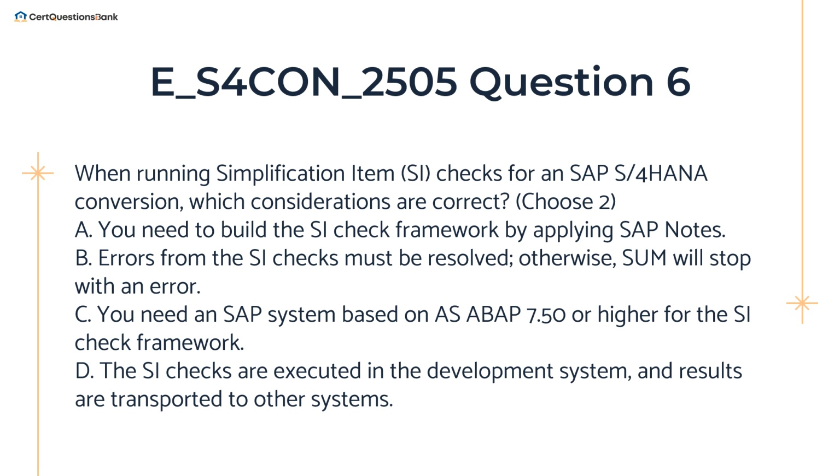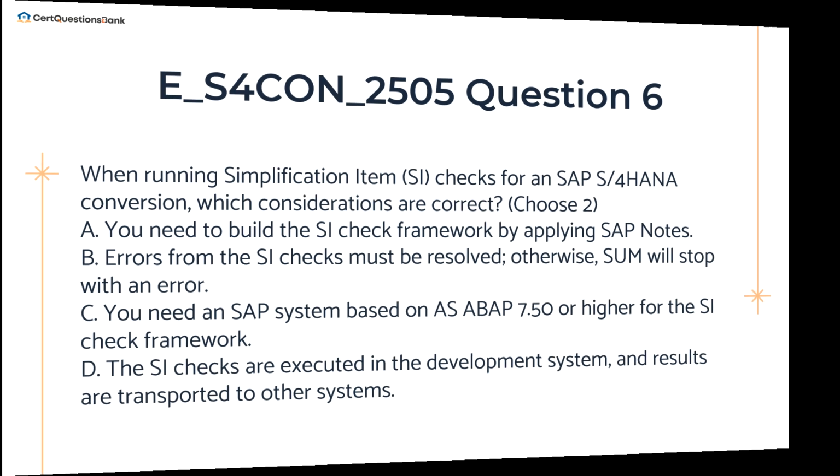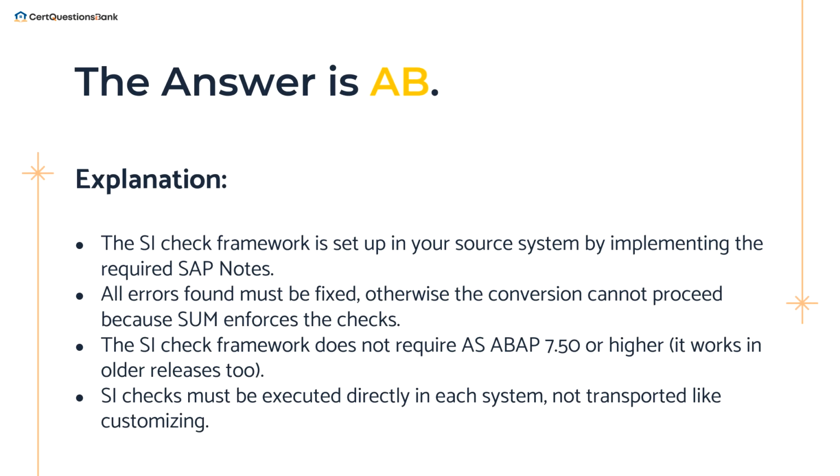Otherwise, some will stop with an error. C. You need an SAP system based on ABAP 7.50 or higher for the SI check framework. D. The SI checks are executed in the development system, and results are transported to other systems. The answer is AB.